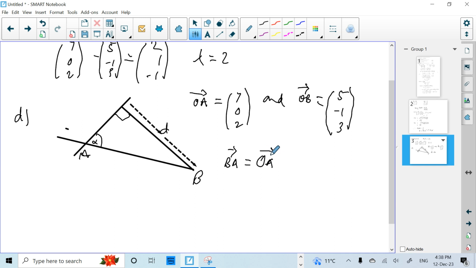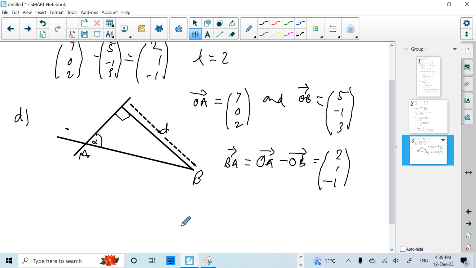OA minus OB, and that will be equal to 7, 0, 2 minus 5, minus 1, 3, well, we know that's equal to, because we've done it before, 2, 1 and minus 1, because we've already done this to show that B lies on the same line.